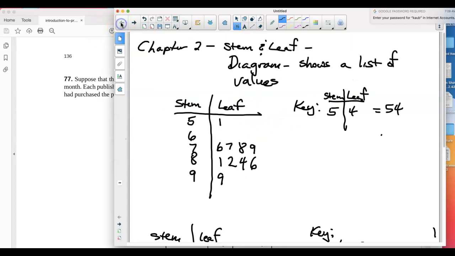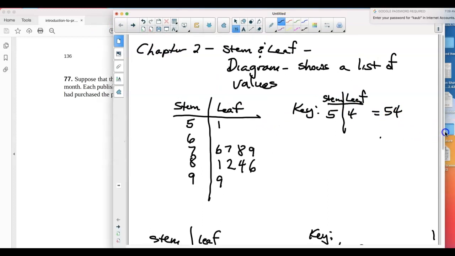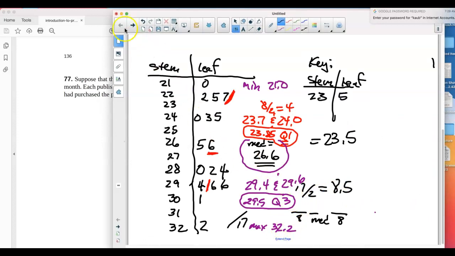We'll just double check again to see if that was the maximum. I believe it was. Yeah, 32.2.